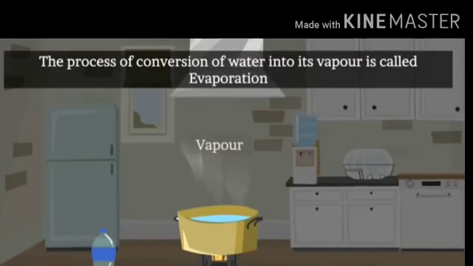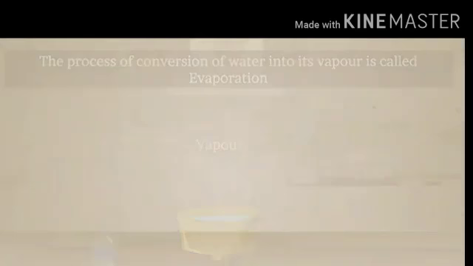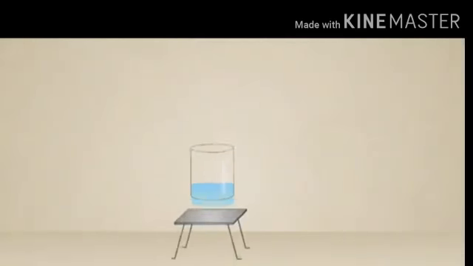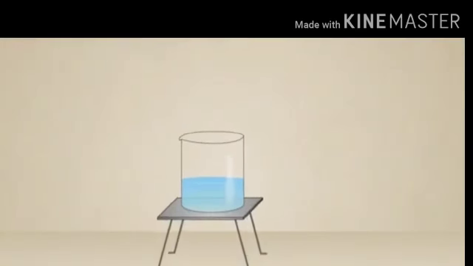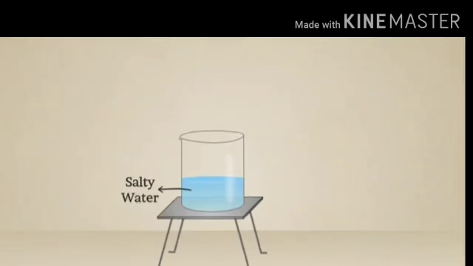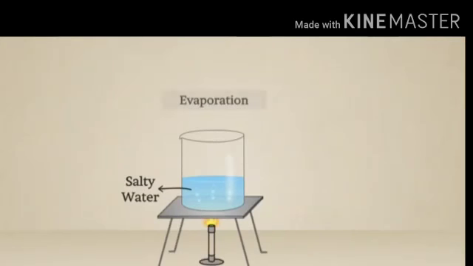For separating salt from water, we should take salty water in a beaker, or the water that contains salt should be taken in a beaker. Then we heat this solution so that water gets evaporated.